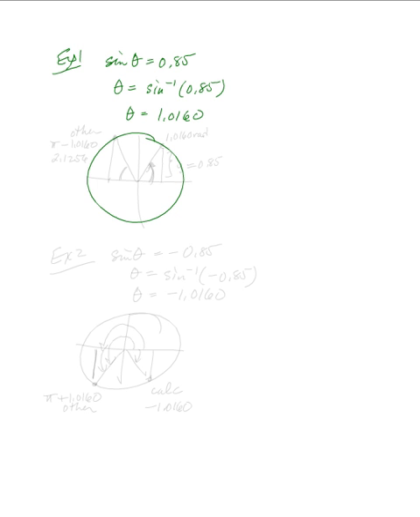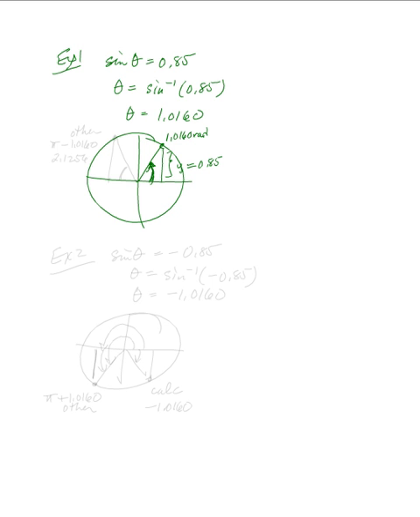So that means it's answering the question, where's the y coordinate positive 0.85? And that's this rotation where the y is 0.85. The rotation is 1.0160 radians. So this rotation is 1.0160 radians.